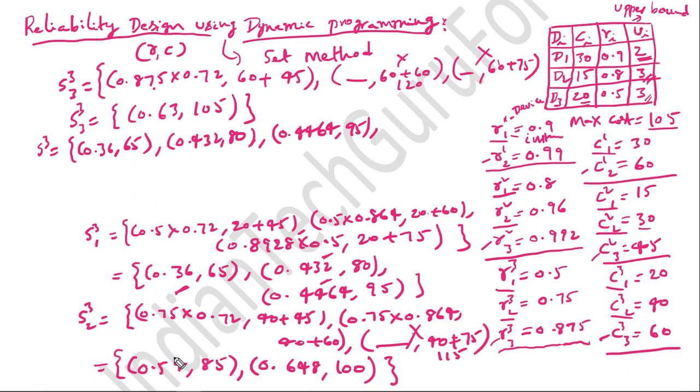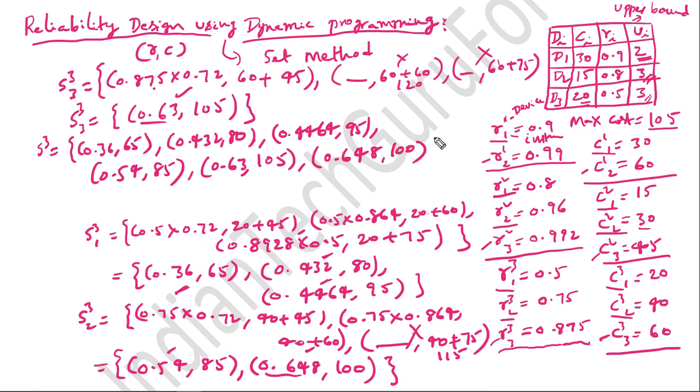So let me take this particular ordered pair 0.54 comma 85, and then if you observe here, 0.648 is greater than 0.63. So that's why we need to write first the reliability which is having less value. So I will be taking this particular tuple 0.63 comma 105, and then this tuple 0.648 comma 100.